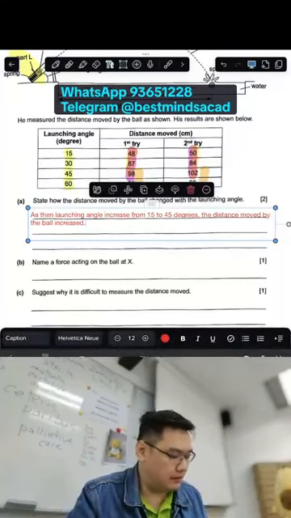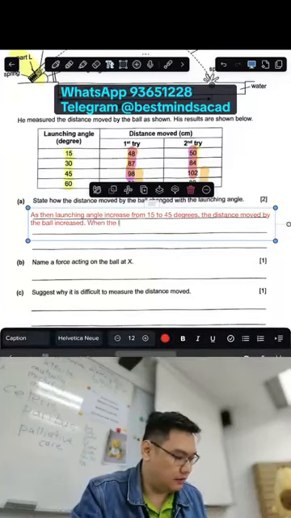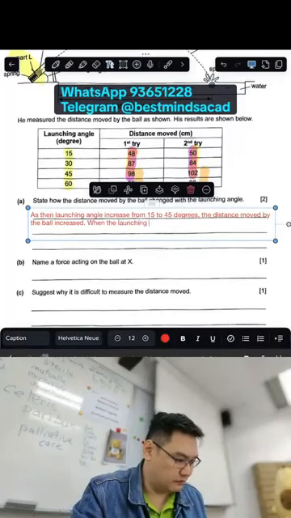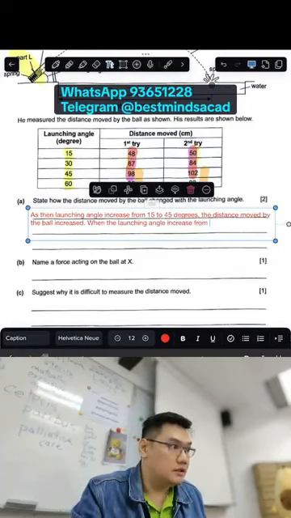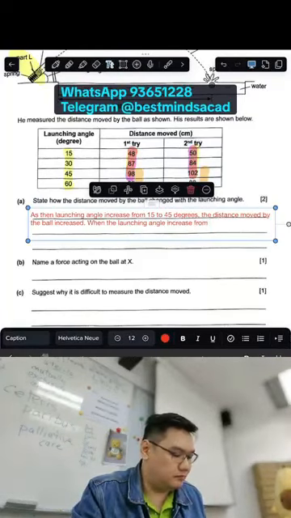Okay, second part. When the launching angle increased from 45 to 60 degrees, the distance moved by the ball decreased.